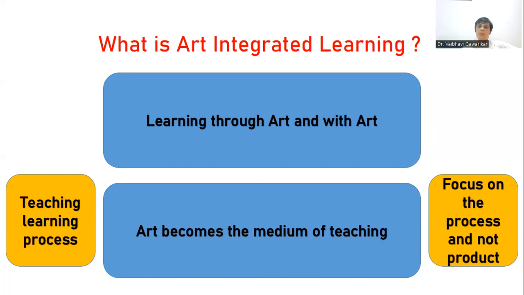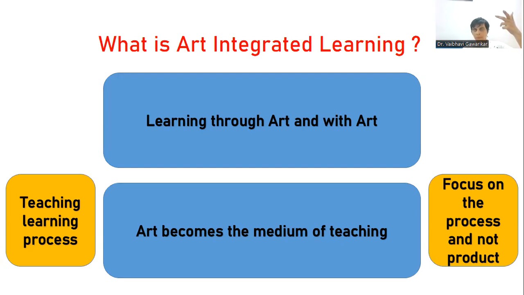Why? Because then you are focusing on the process and not the product, right? When I say I want to integrate art in mathematics to teach angles, say through a classical dance form like Bharatnatyam or Kathakali, the postures they do come out with certain angles.